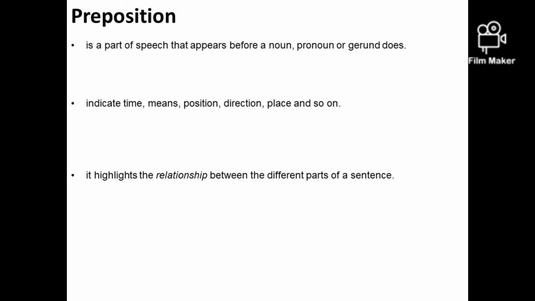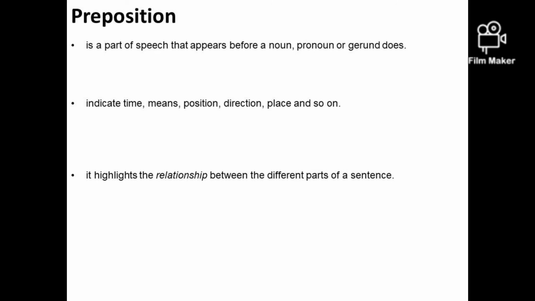Then we learned about articles, definite articles and indefinite articles, and so on. Thirdly, we learned about verbs: auxiliary verbs, modal verbs, finite verbs, you name them. So we learned a lot from our previous lesson.